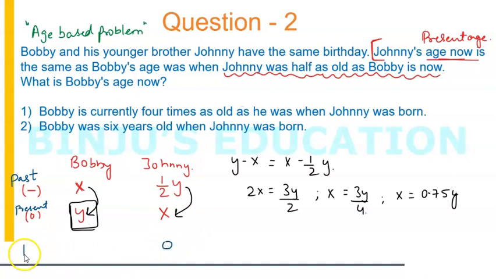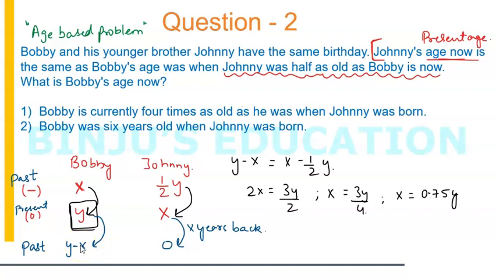So we are again going in the past, which means we are going X years back. If I go X years back for Bobby also, then Bobby's age will become Y minus X.